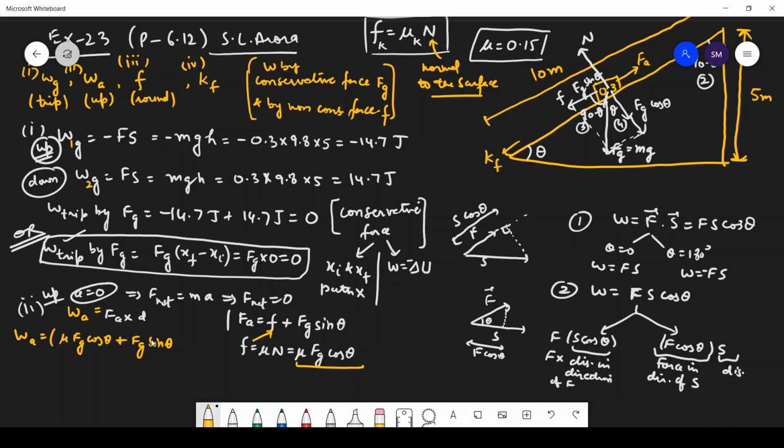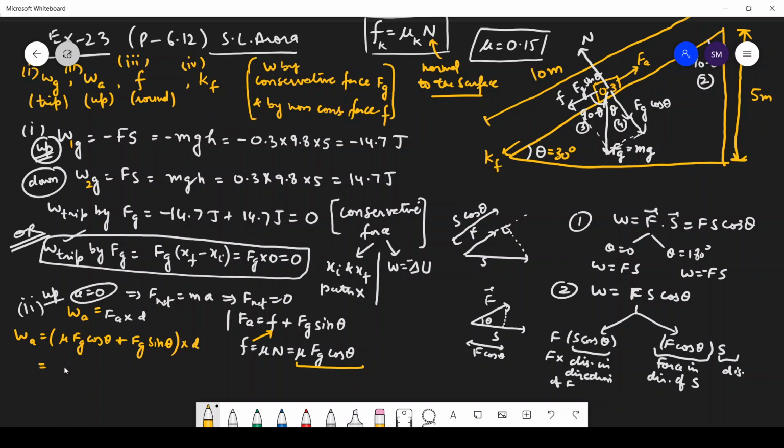It is given to us that theta is equal to 30 degree. So this nu Fg cos theta plus Fg sin theta, this is our Fa, into the displacement.